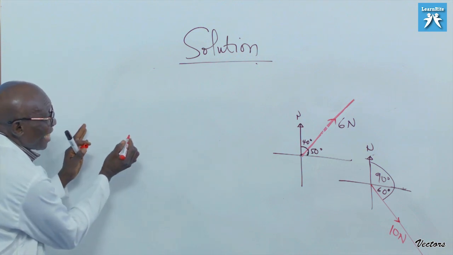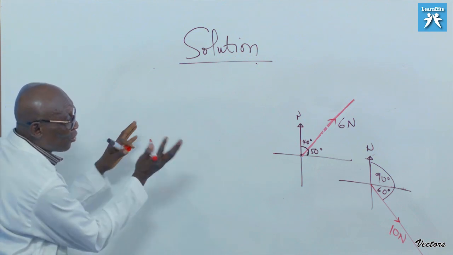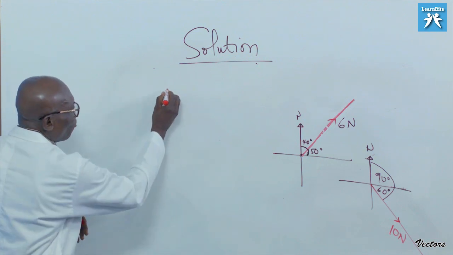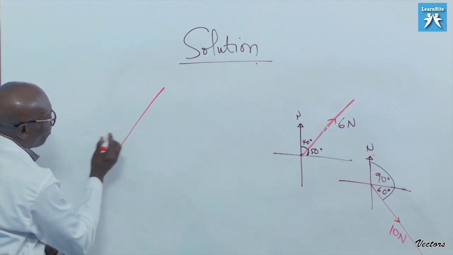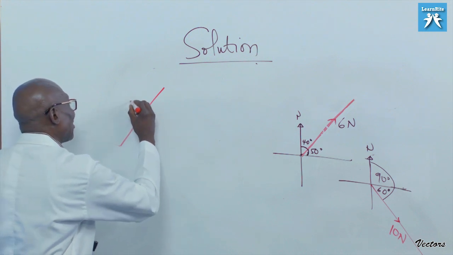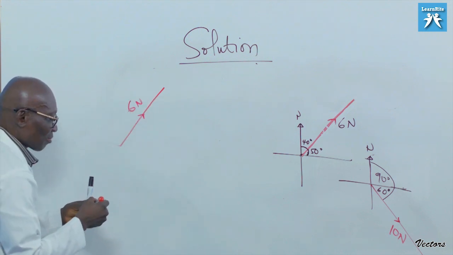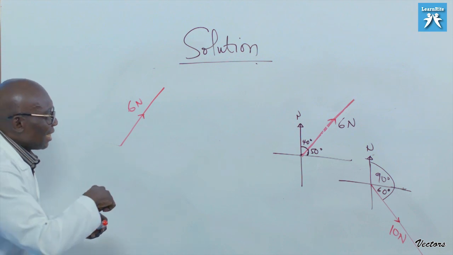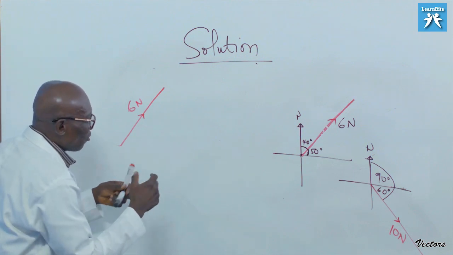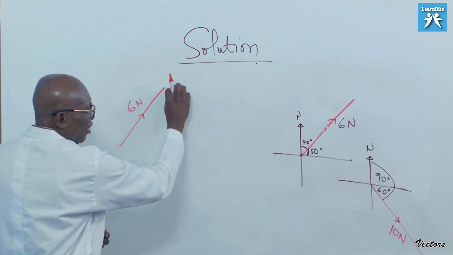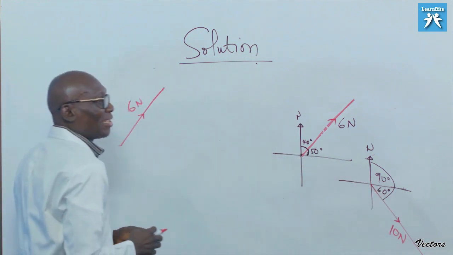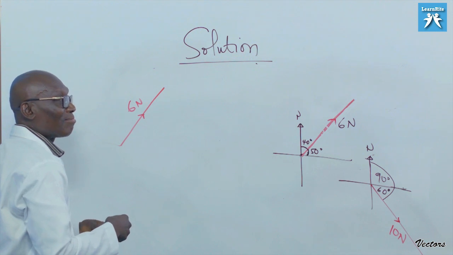I'm starting with this one. So I will draw it again. This time I should be very careful not to change the direction. All right, so I'm going to draw it again. And I have this. And this is 6 newtons. Then I'll draw the other one. I'll bring this one and join it over here so that they will follow a sense of direction.